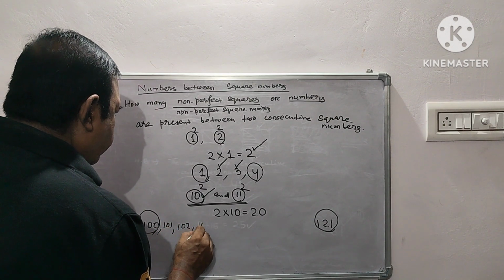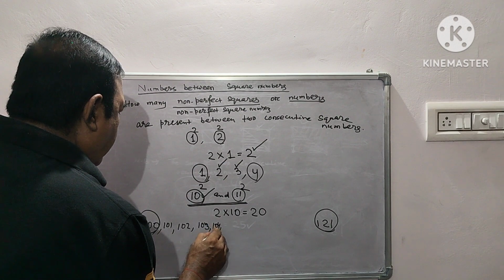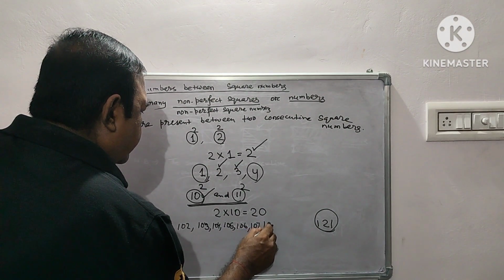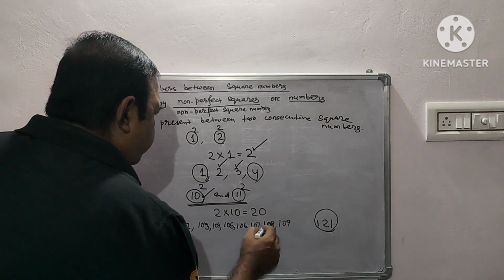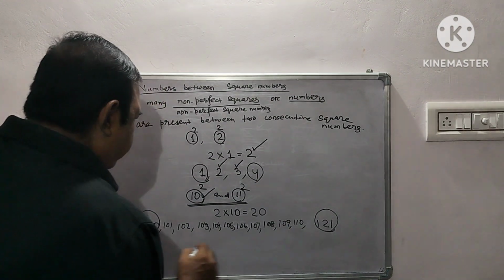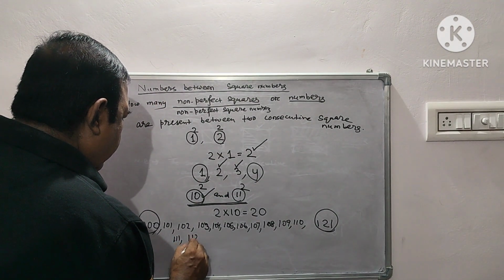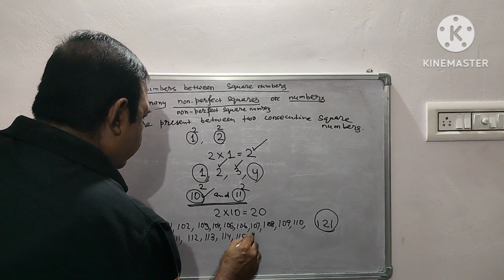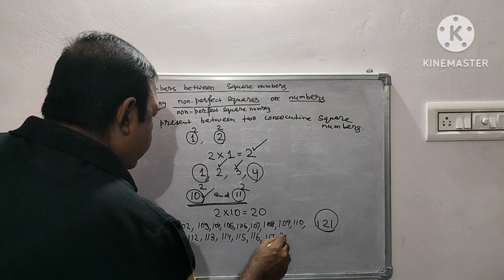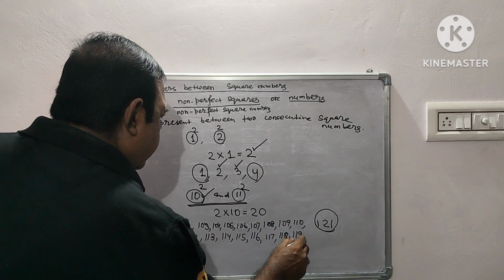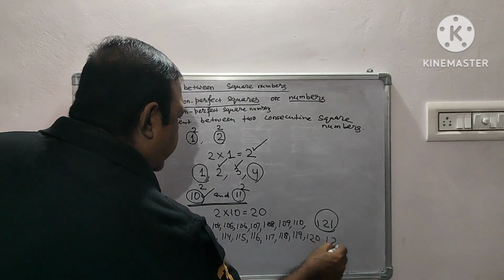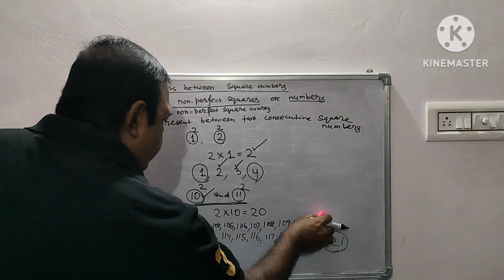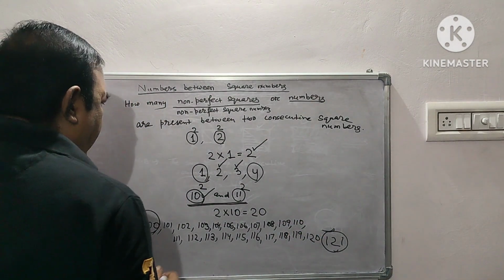You see how many between. 1, 2, 3, 4, 5, 6, 7, 8, 9, 10, 11, 12, 13, then up to 20. Then I write here 121. So you see, how many numbers?